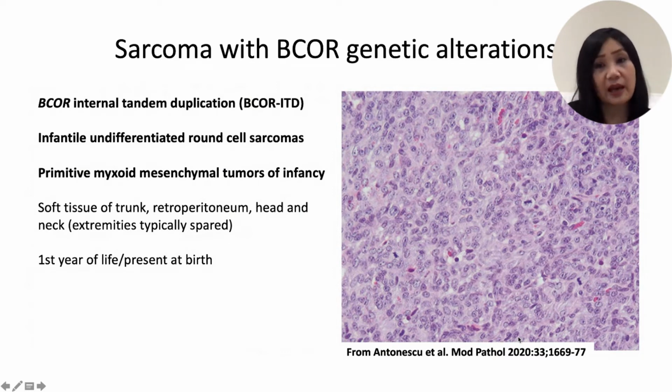So these represent two types: infantile undifferentiated round cell sarcomas and primitive myxoid mesenchymal tumours of infancy. These can occur at a variety of soft tissue sites, including the trunk, retroperitoneum, and head and neck, although the extremities are typically spared, and these typically occur either within the first year of life or are present at birth.